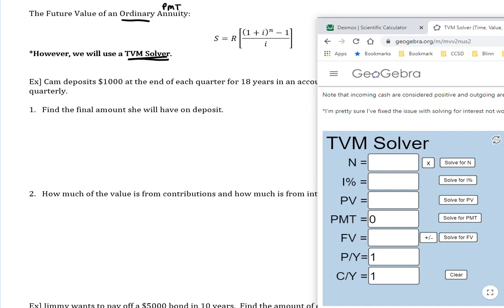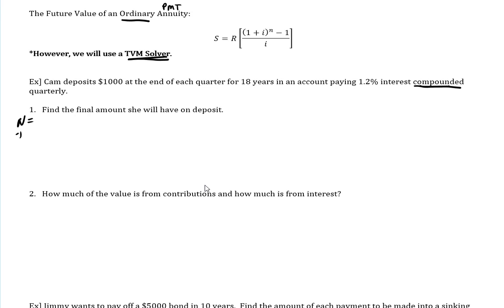Whenever I see that word compound, I just write all of these variables down. So we have N equals, I% equals, the present value equals, payment equals, future value equals, and then P over Y and C over Y, which should always be the same.